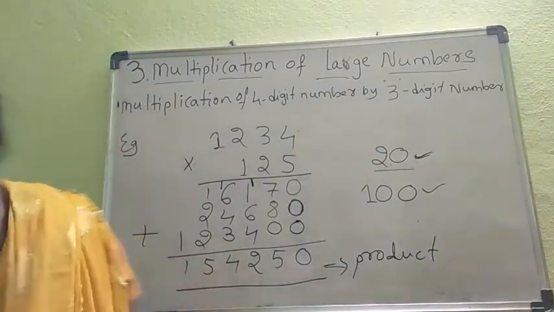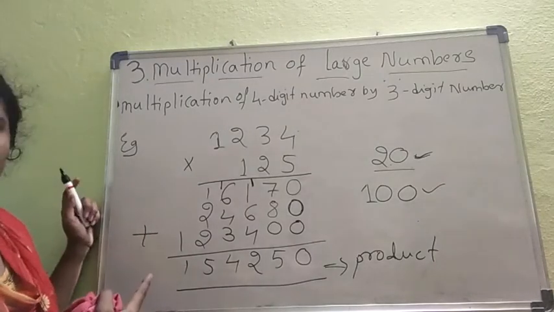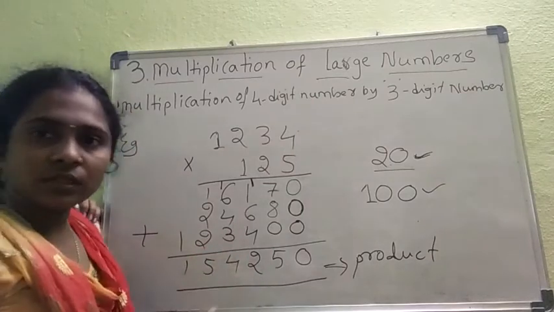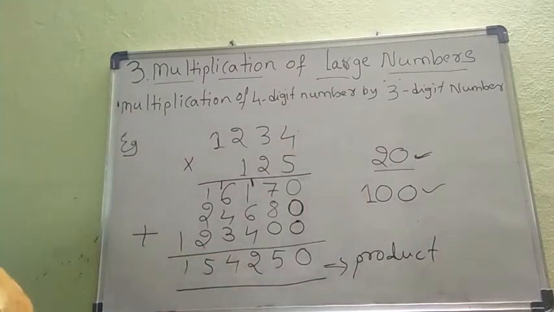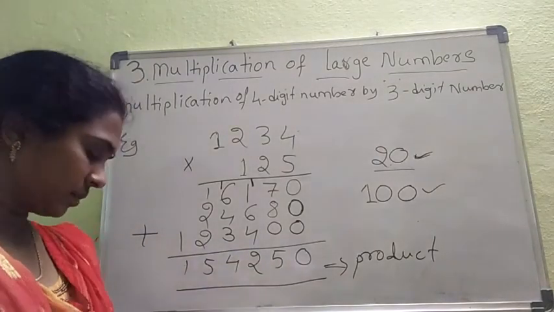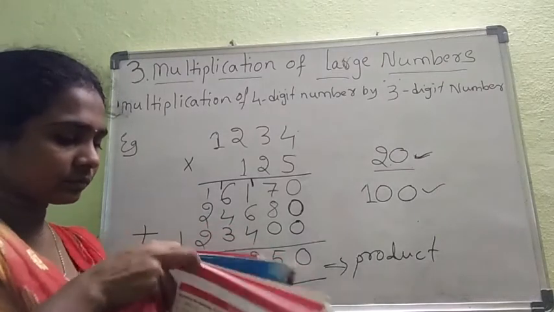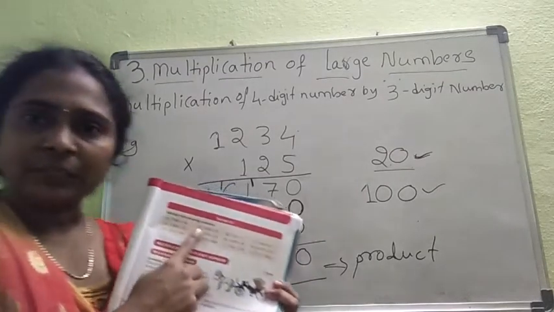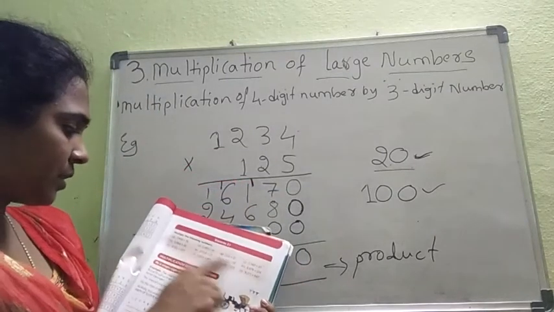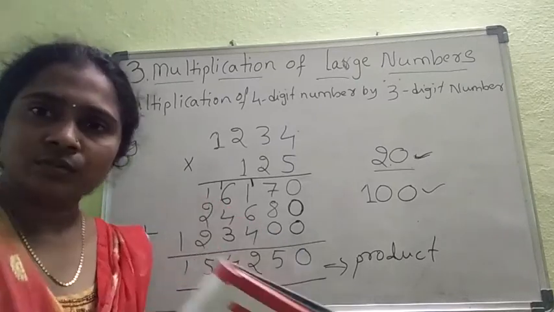I hope it is clear. Next. In this third chapter, in exercise 3.1, you have only one bit, right? In it you have many questions where you just need to multiply a 4-digit number by a 2-digit number, right?